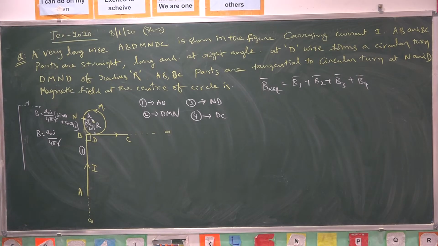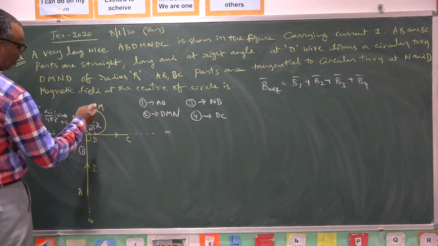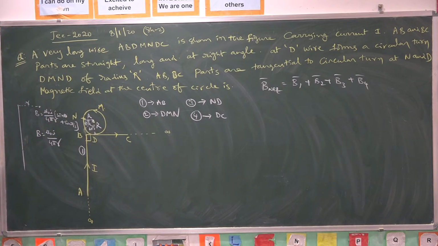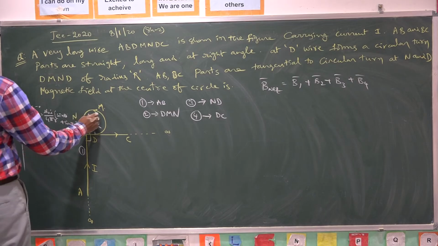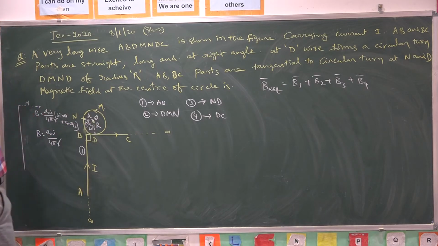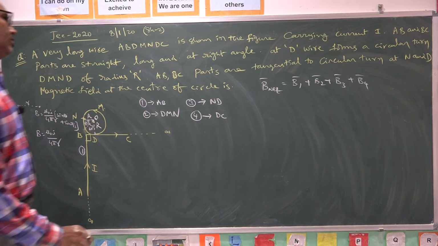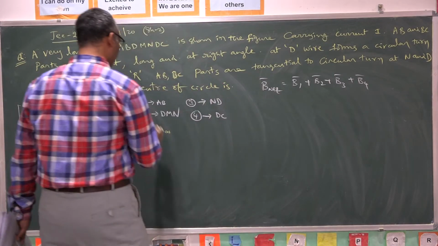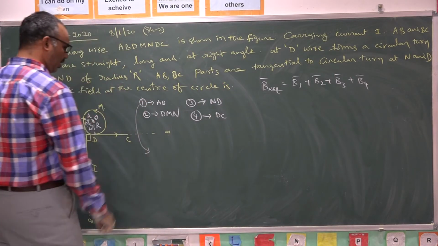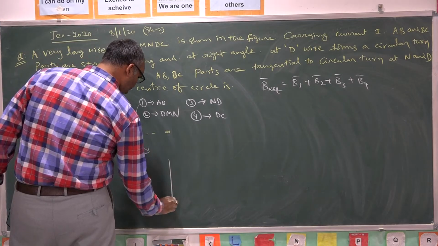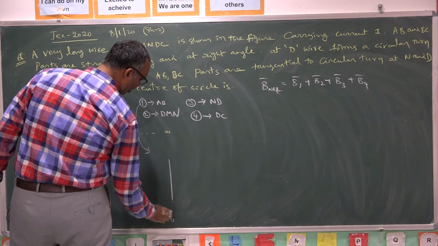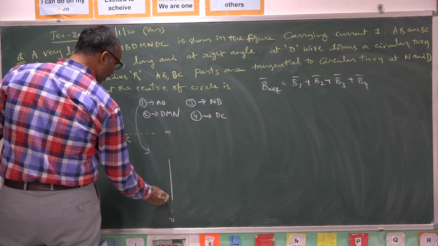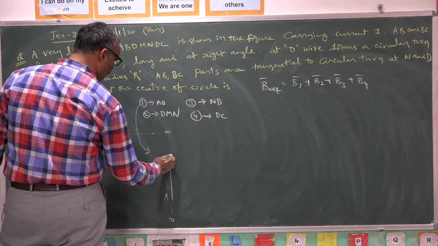Now if I take B1 value, field due to AB at a point, let the point be O. So if I am talking about first AB, AB is a wire extended up to infinity. A is here, B is here.